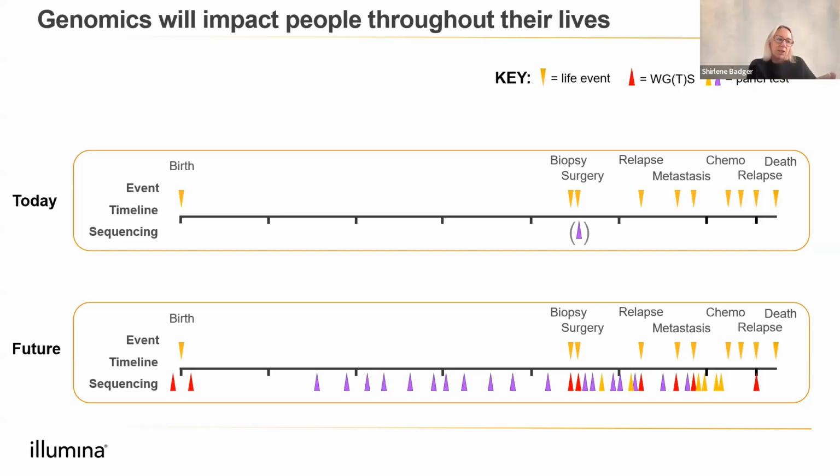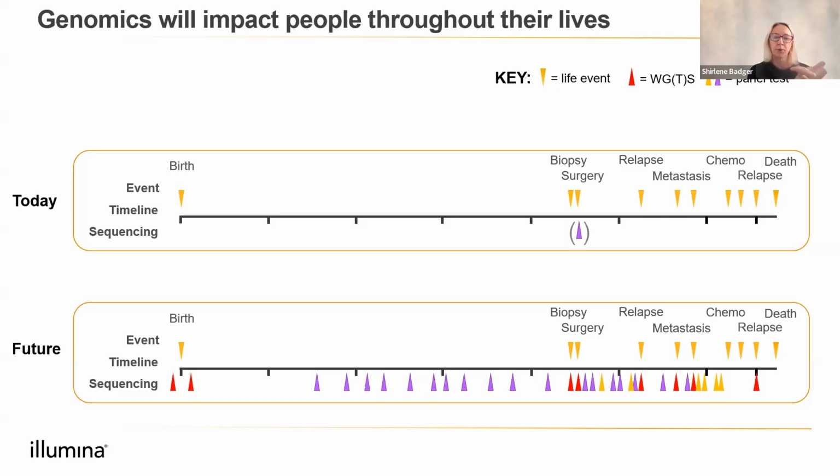So you'll know at the moment in the UK, there's a whole lot of discussion around the Generation Study, where newborns are being sequenced at birth as a genomic newborn screening research study to explore the impact.